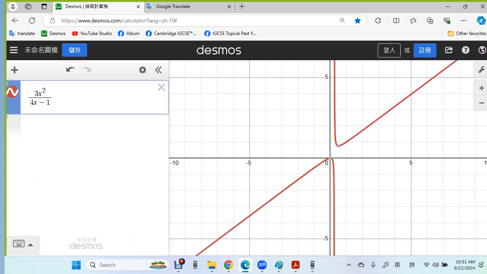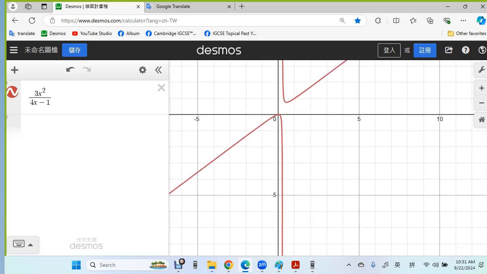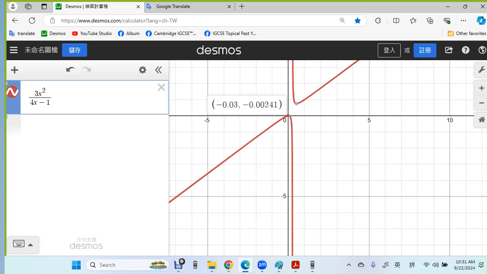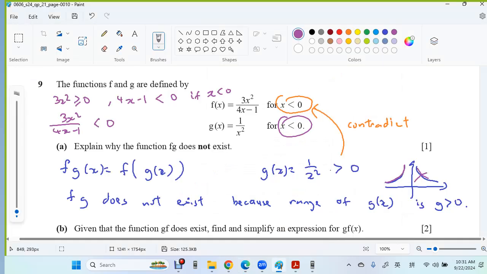So this is the graph. It's like this. This is how the graph looks like. When x is less than 0, then it's negative, so less than or equal to 0. So the inverse must be the negative only.